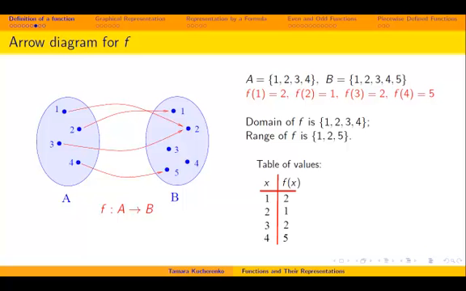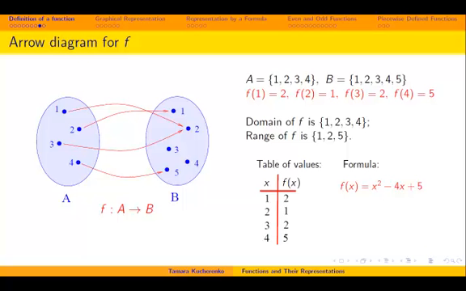We can represent f by a table of values. We write the elements of the domain on the left and corresponding values of the function f on the right. The same function f can also be described by a formula. For example, x squared minus 4x plus 5.